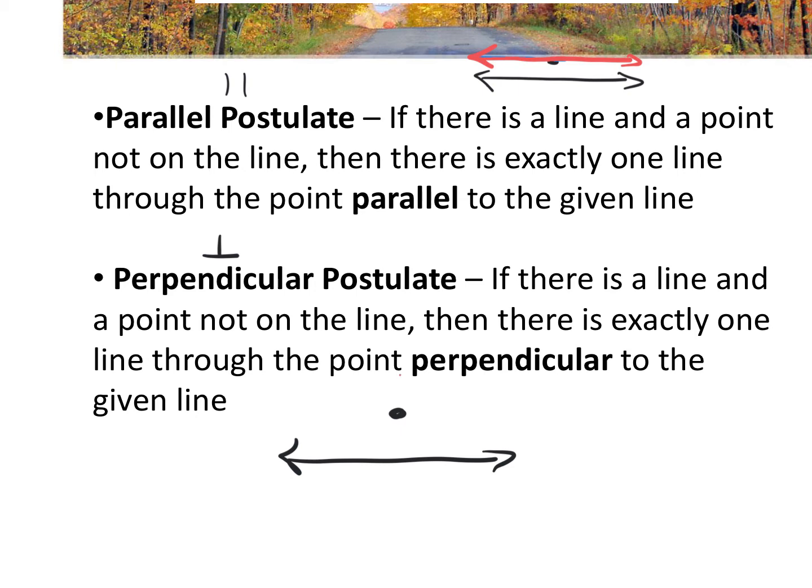So I could draw only 1 line perpendicular that would go through that point and would be perpendicular to the given line. And again, remember perpendicular lines, we always need to look for that little right angle symbol. And remember, it always takes 2 points to form a line.